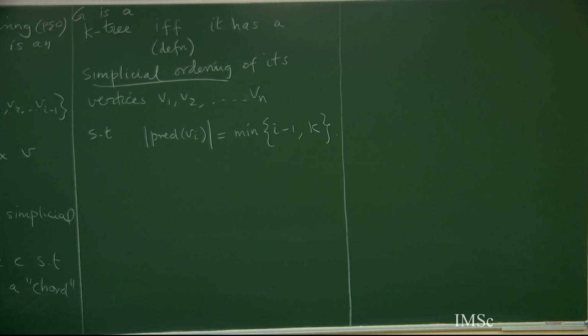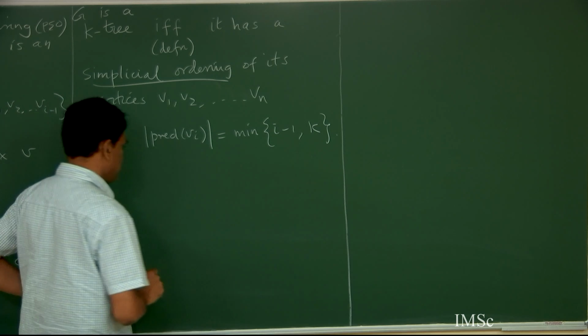By simplicial ordering itself, it means the predecessors induce a clique. That is my definition. I said something last time, forget that, I might not have said that correctly. This is the definition I am going to use.